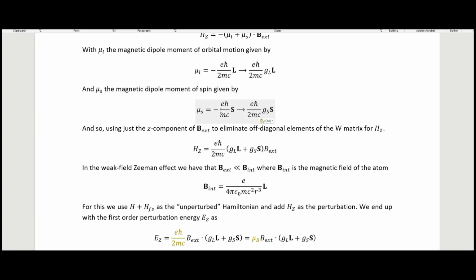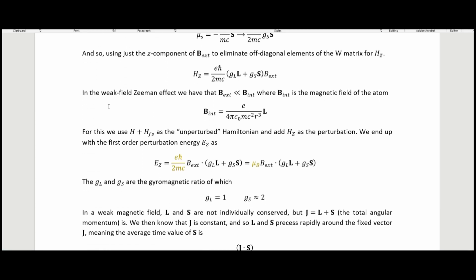Then this e is the charge of the electron, times h bar, Planck's constant, over 2mc. This G sub S is the gyromagnetic ratio, and that is about 2 for the spin.